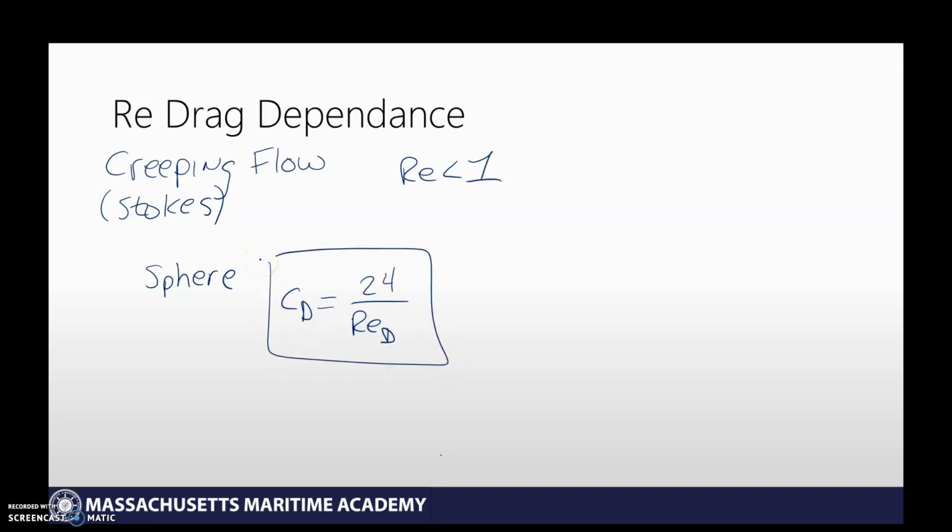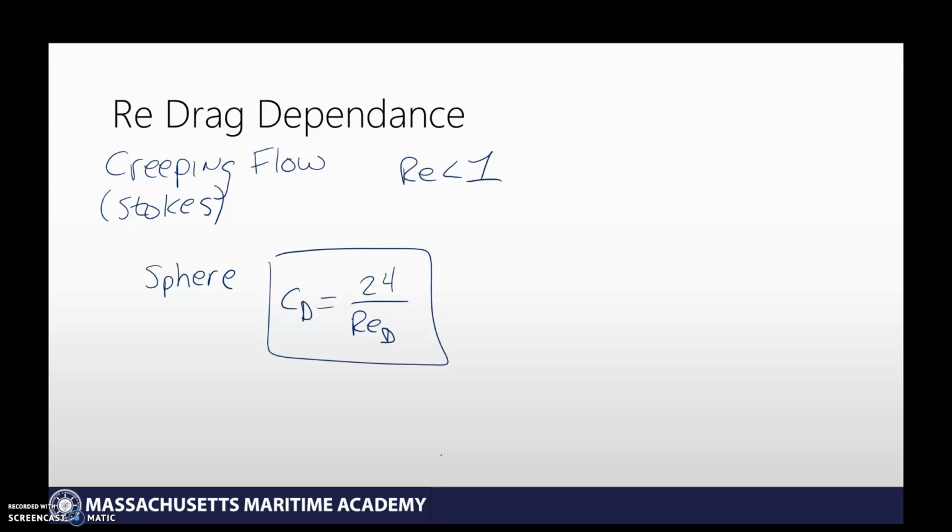That's only for a sphere, and it's only for creeping flow. If you take a look at it in your book, the version of the book could be table 7.3 on page 489, that's 7.2, and then 7.3 on 491 will give you the coefficient of drag on a sphere.